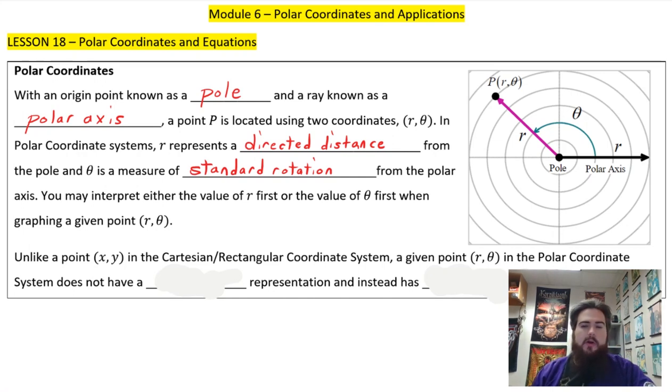So what we already have here is a difference based on how the Cartesian system works. The Cartesian or rectangular system essentially asks you to move some amount horizontally and then some amount vertically, or move some amount vertically and then some amount horizontally to get to your final position.